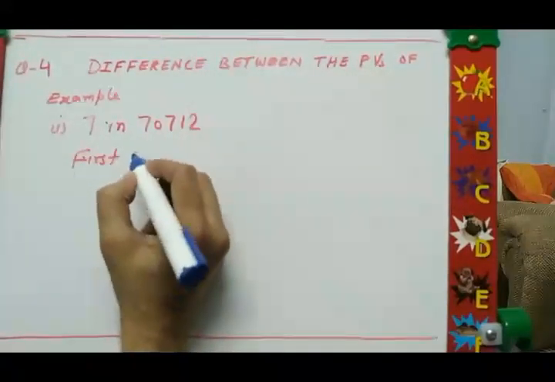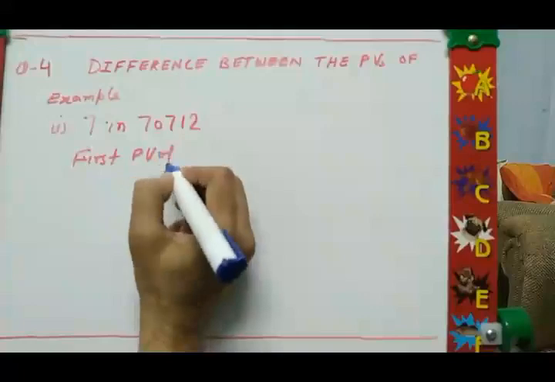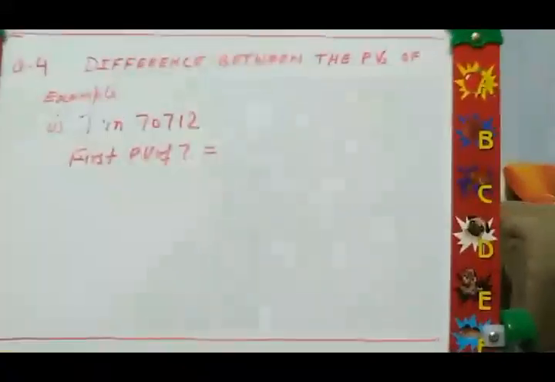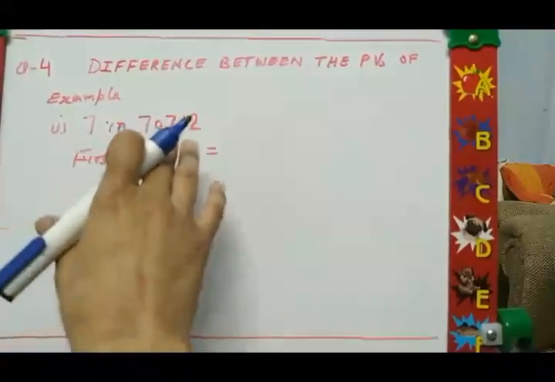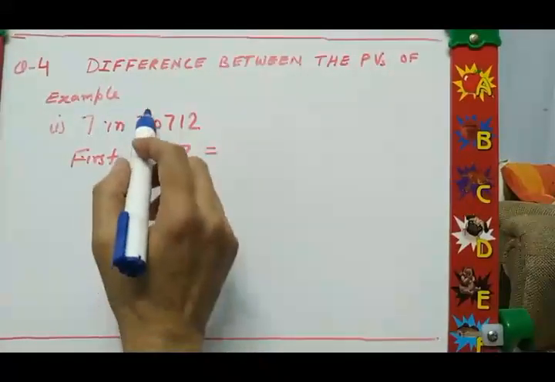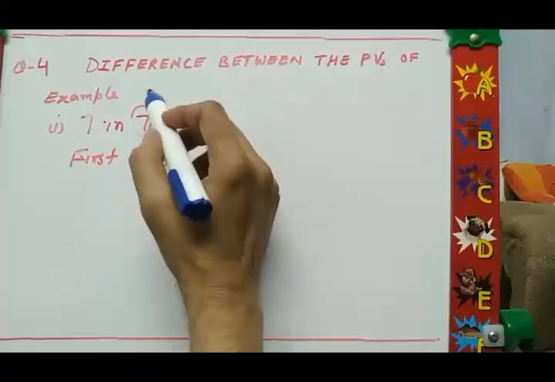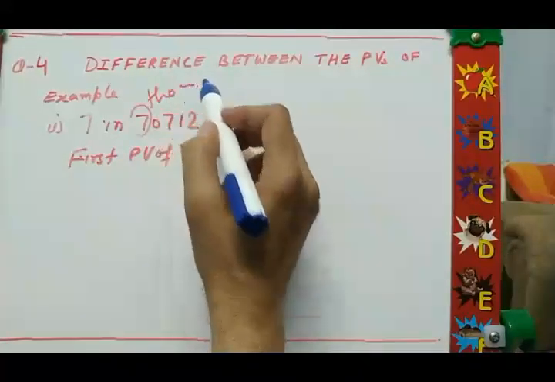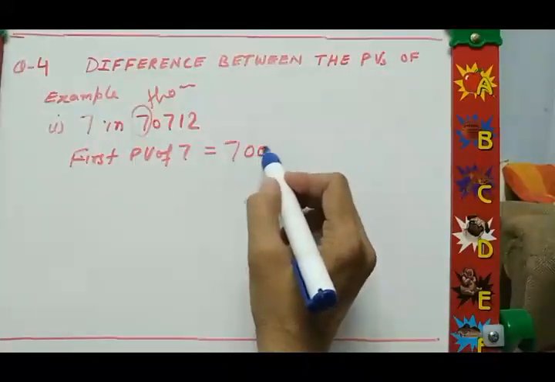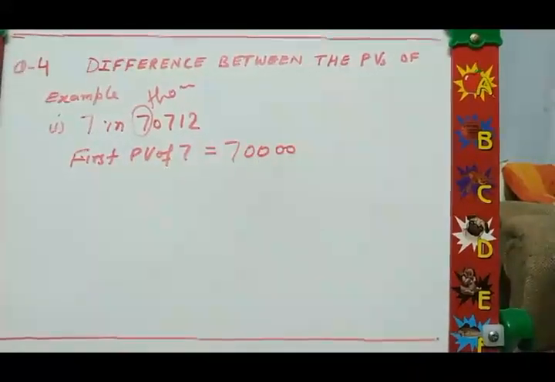What will be the place value of the first 7? Read the number very carefully, 70,712. 70,000. So here this is the 70,000.